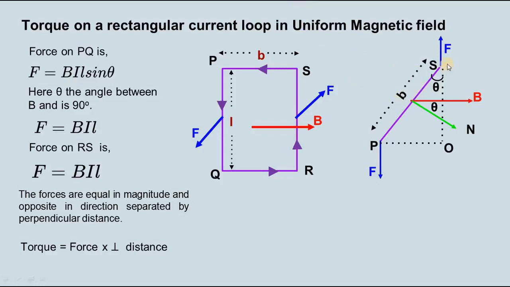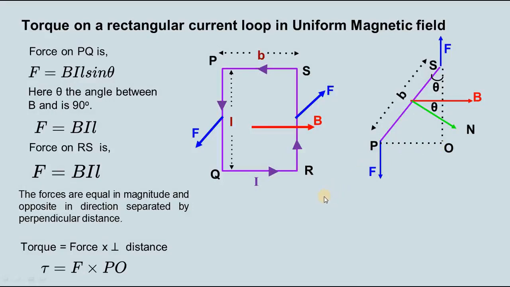Then we see that these two forces will be acting opposite to each other and they are separated by a perpendicular distance PO. So the torque tau is equal to force into the perpendicular distance PO.